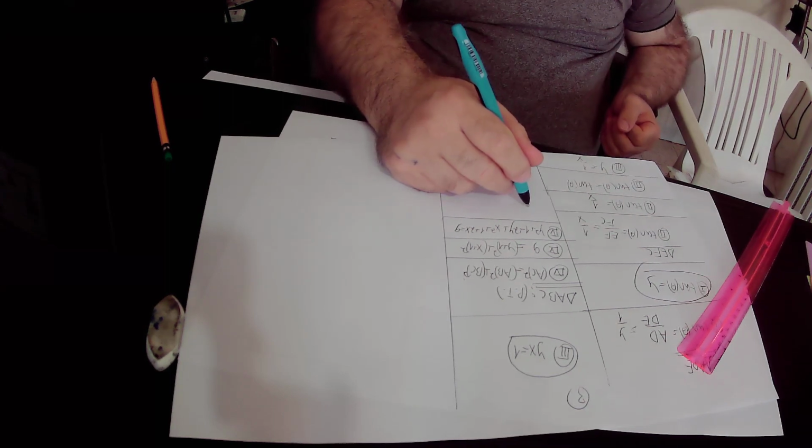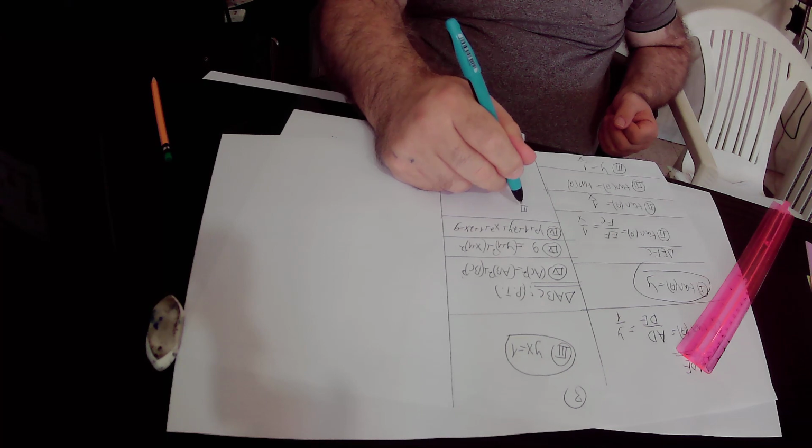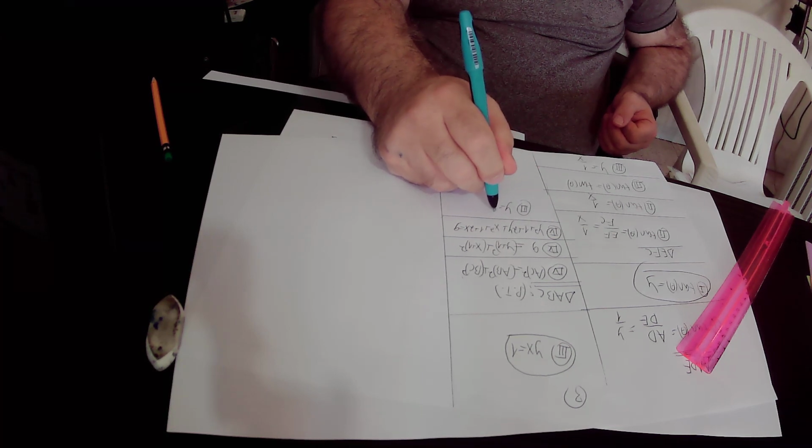According to equation number 3, we know that y equals 1 over x.